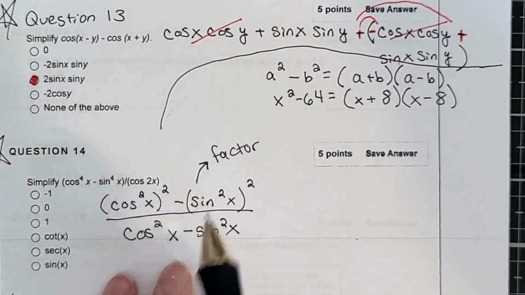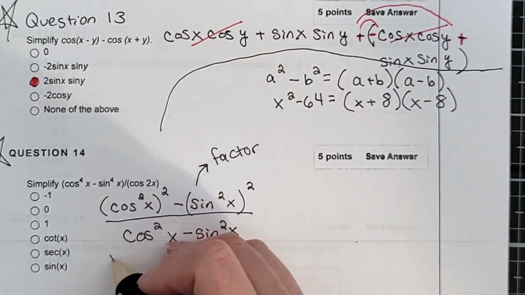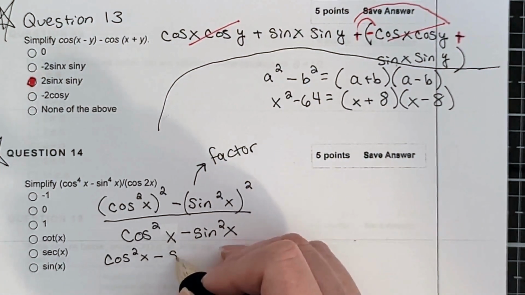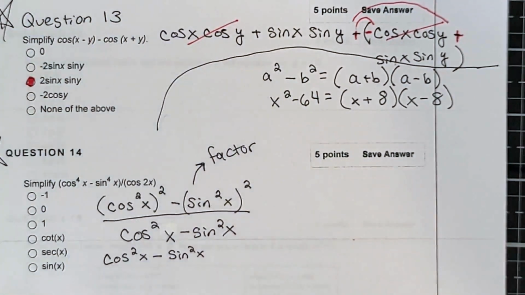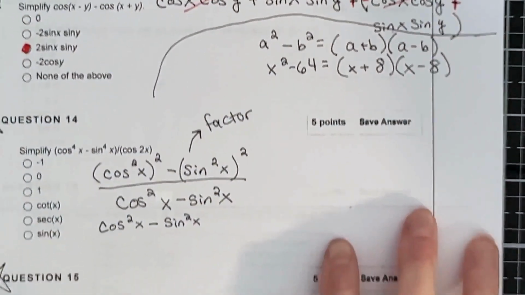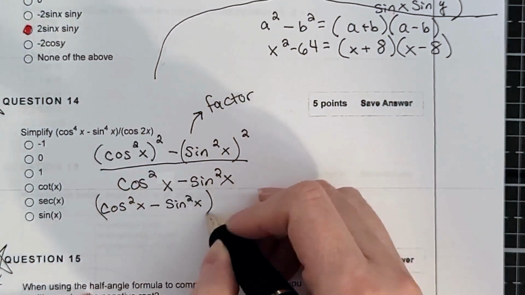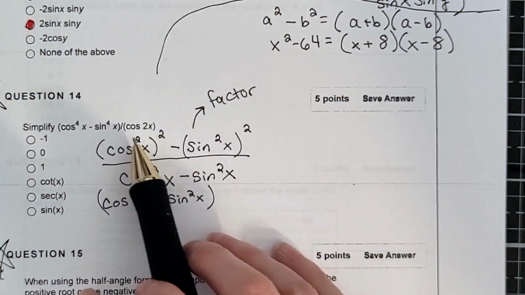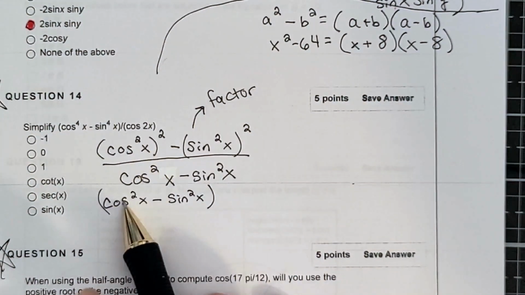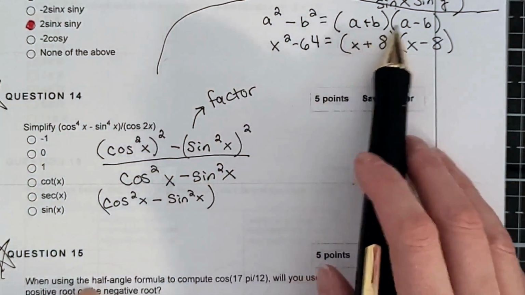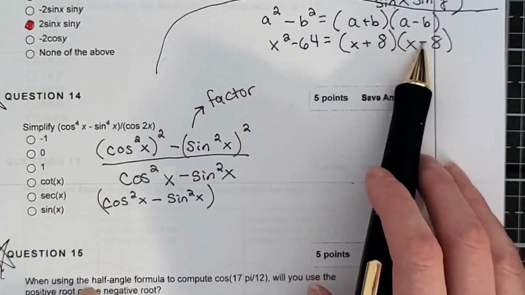So this is going to turn into cos squared x minus sine squared x. Okay, so that's our first set of parentheses. Those are coming because the square root of that is that, and the square root of sine x squared is sine x squared. So that's your first set of parentheses. I just flipped these around.